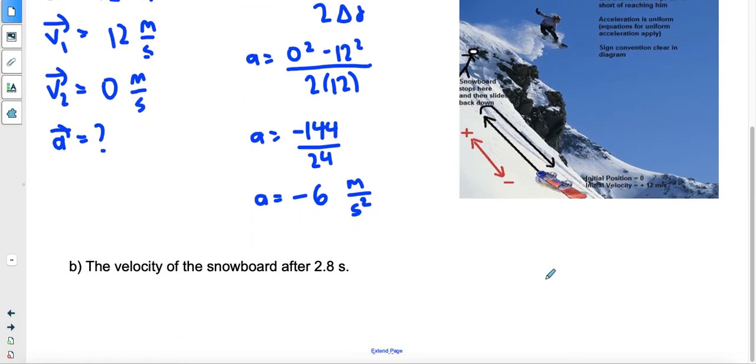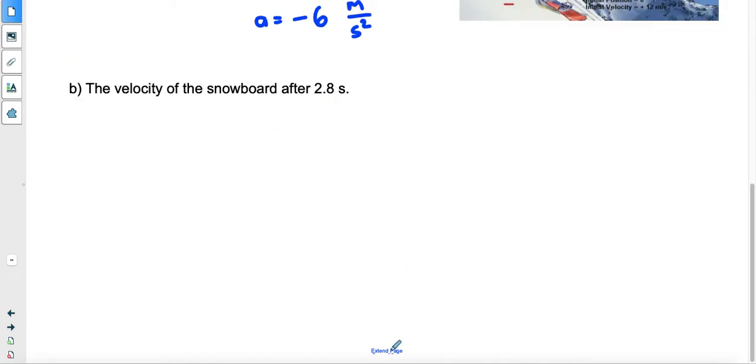Part B. What's the velocity of the snowboard after 2.8 seconds? So again here, we're going to want to write down what are we given. We know the time is 2.8 seconds.